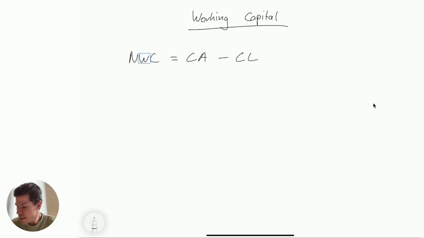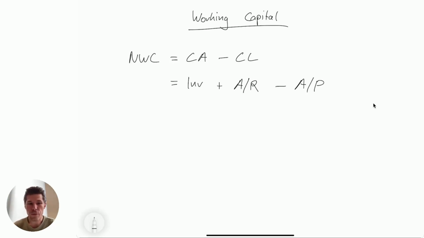If we go one level deeper, what are current assets and current liabilities? Current assets is usually inventory plus accounts receivables. We did an introduction to balance sheets, so on the left-hand side in your assets, inventory and accounts receivables, minus, and then mainly accounts payables. There are some other items as well, some deferred tax items here and there.